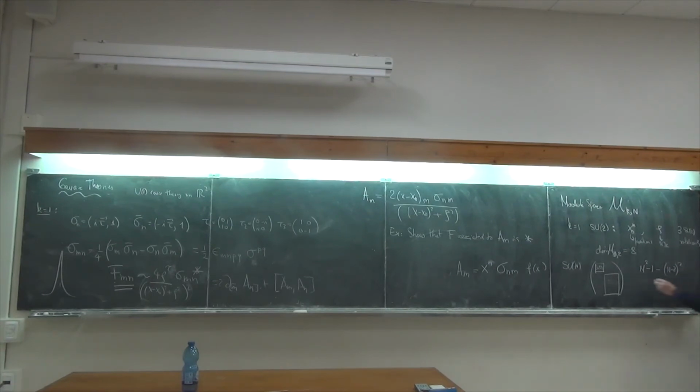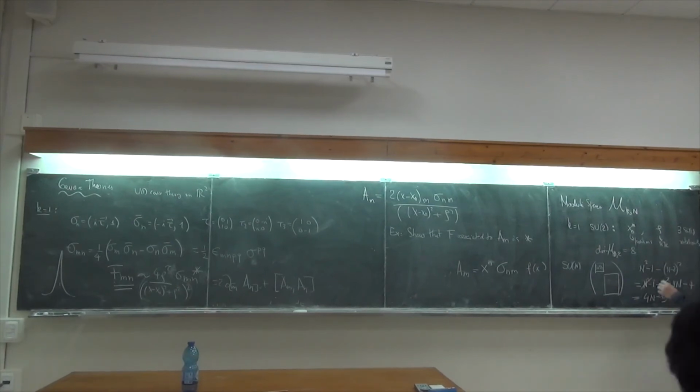which are rotations in this block. Therefore, how many parameters do we have here? We have n squared minus 1 minus n squared plus 4n minus 4, which is 4n minus 5. Plus, these are just rotations. This is the analog.